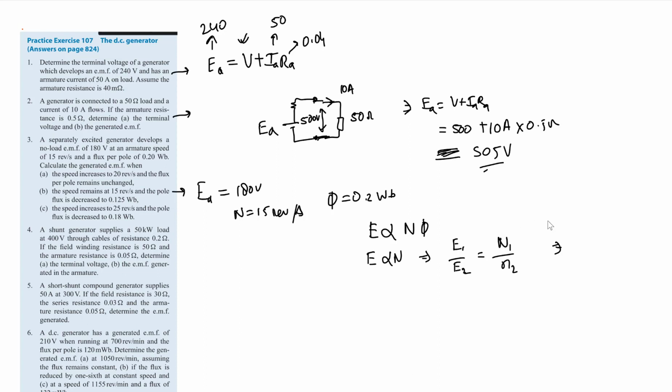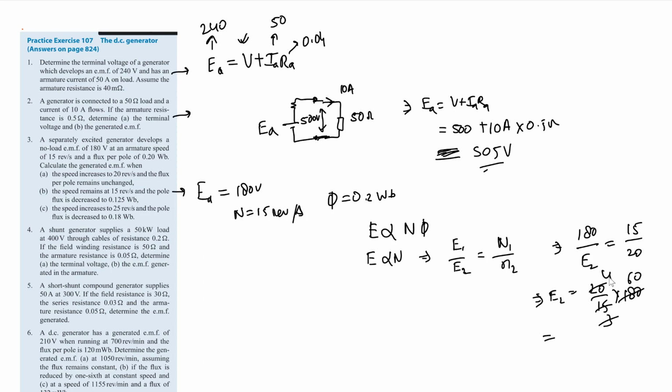N1 is 15, so E1 is 180, divided by E2 which we have to calculate, and N2 is 20. So E2 is equal to 20 by 15 into 180. On cross multiplication, 5 4s are 20, 5 3s are 15, 3 6s are 18, 60.